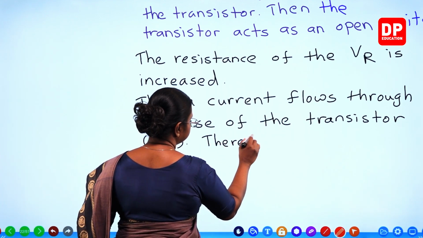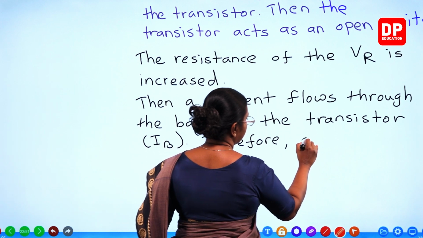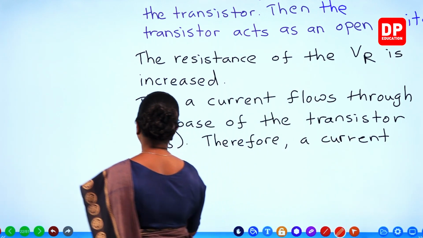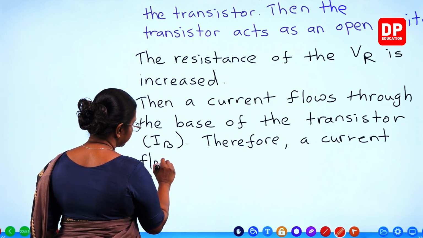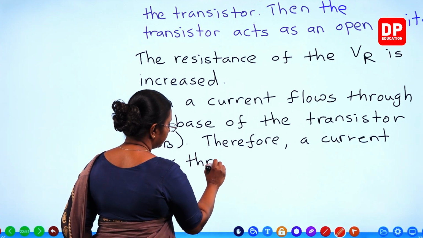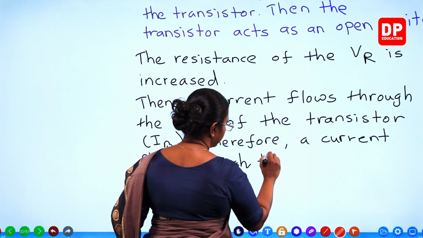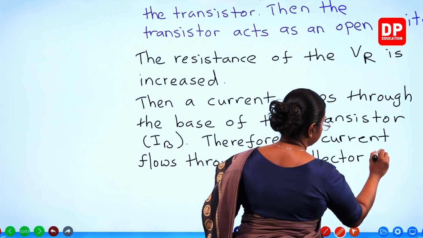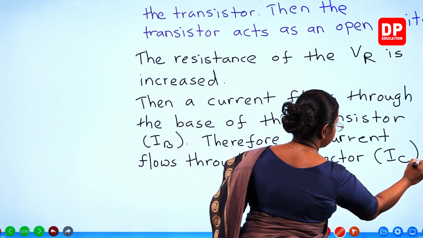Therefore, a current flows through the collector. That is IC.